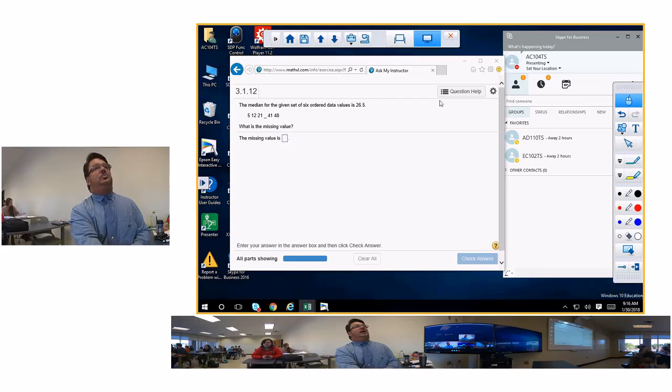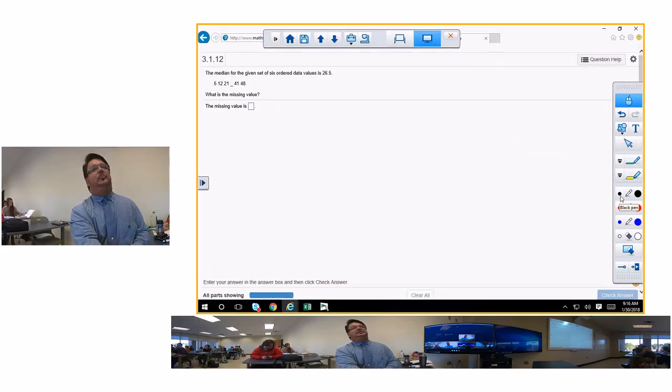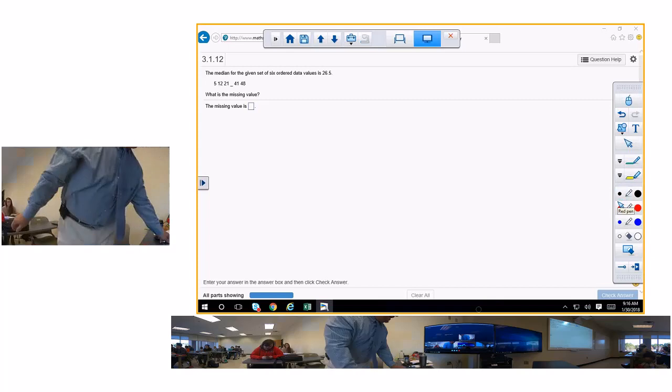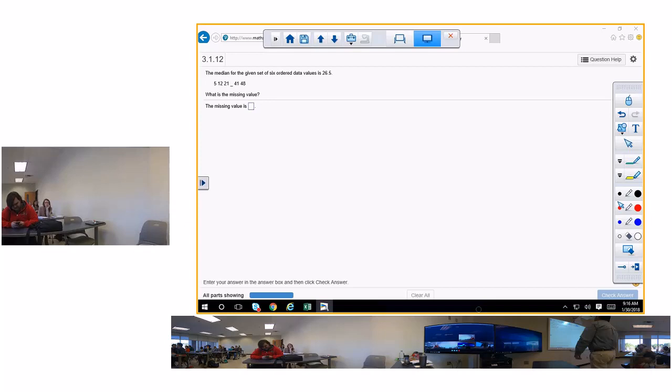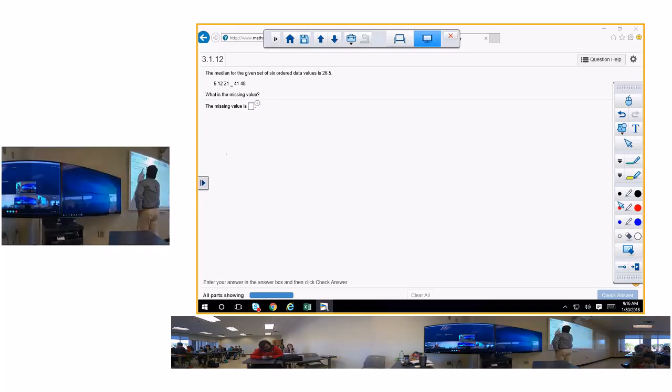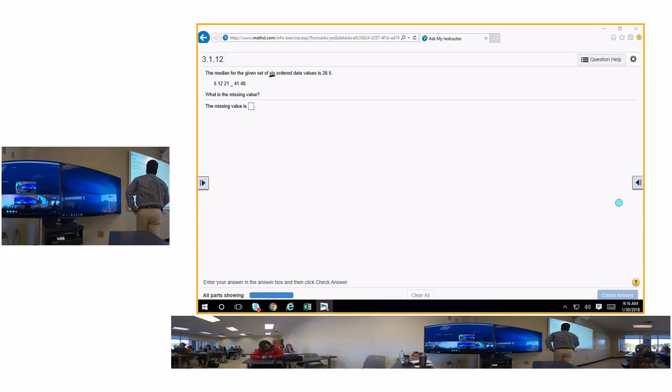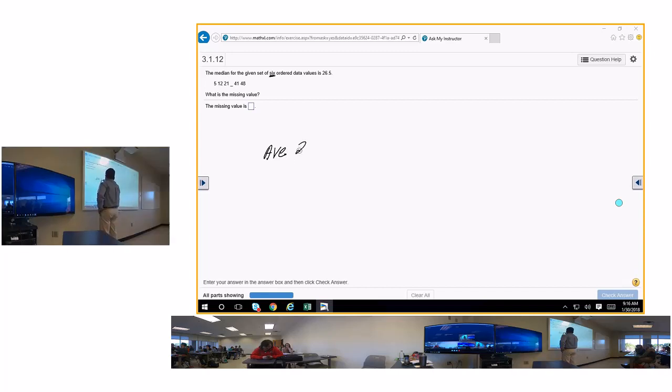Now, this one. You can do this one by hand. You've got to use a little bit of algebra now. The median for the given set of data of 6. What does 6 mean? That means n is equal to what? It is even. So that means the average of the two middle numbers is equal to the median. Right?